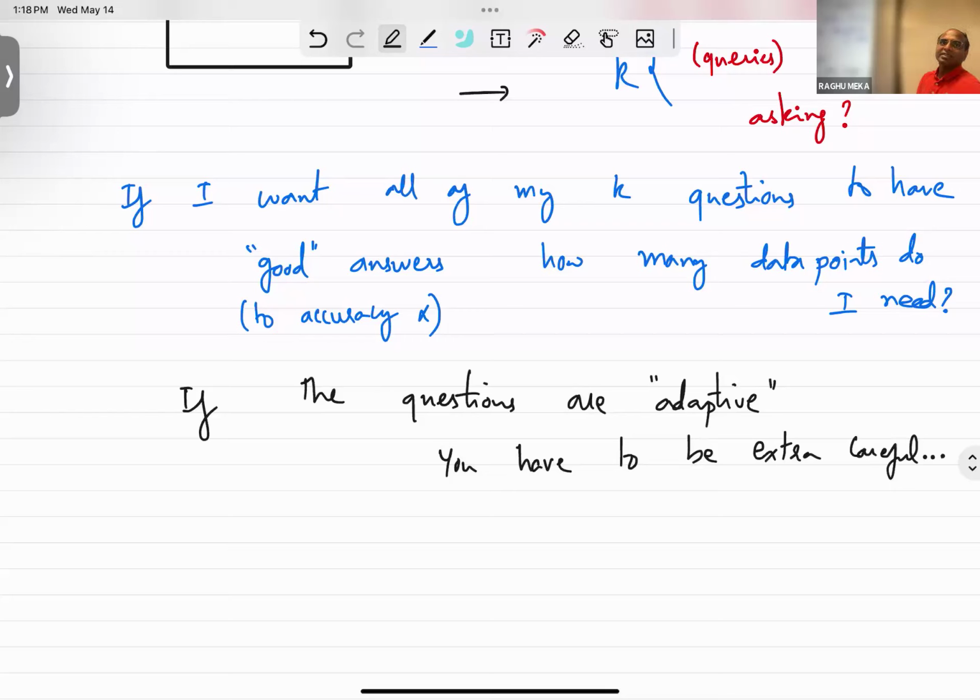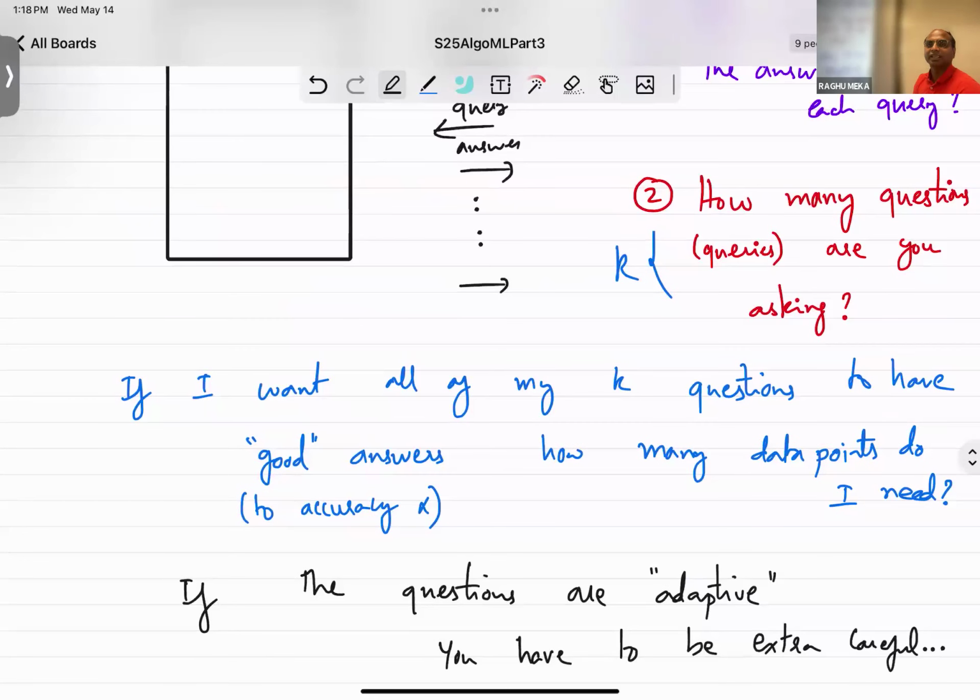So, maybe I sample these people and say, okay, how many people have the name Raghu in my database? If the answer is 1, then I say, okay, tell me something else. Okay, that's an adaptive question. Like, how many people have last name Meka? Okay.